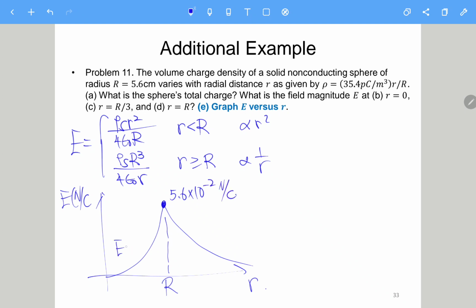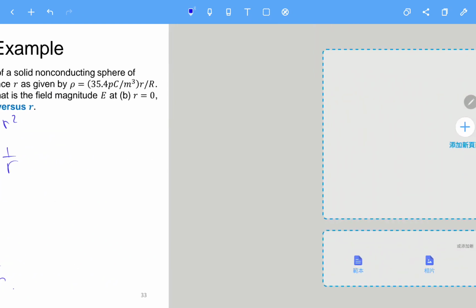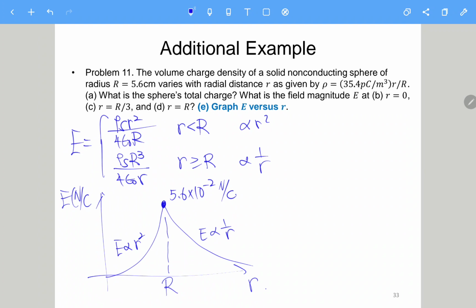For this part, E is proportional to r squared. For this part, E is proportional to 1 over r squared. And this is pretty much it. So this additional example is quite complicated, at least the mathematics is quite difficult.